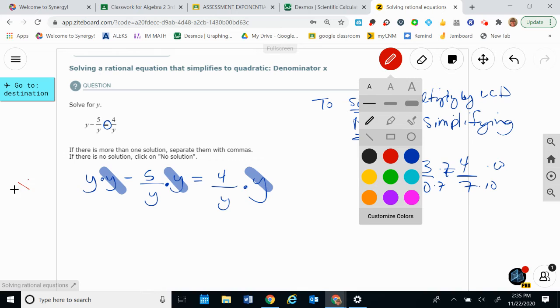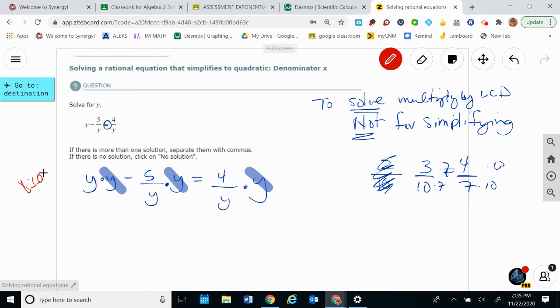Okay, the LCD is equal to y. I multiplied by it, okay? So you get y squared minus 5 is equal to 4. So if I subtract 4, it's quadratic. Remember, for quadratic, set it equal to 0 to use the zero product rule.